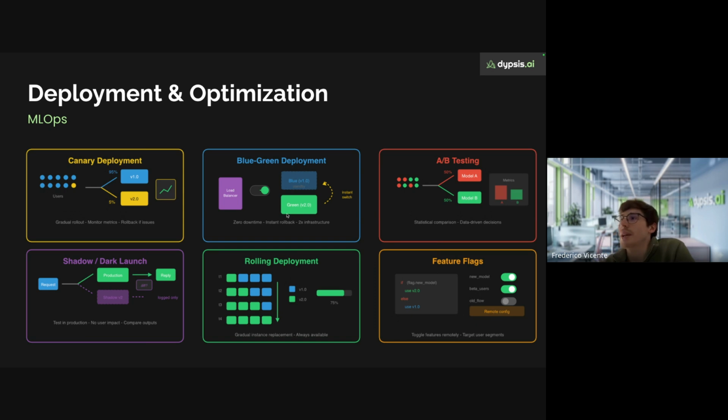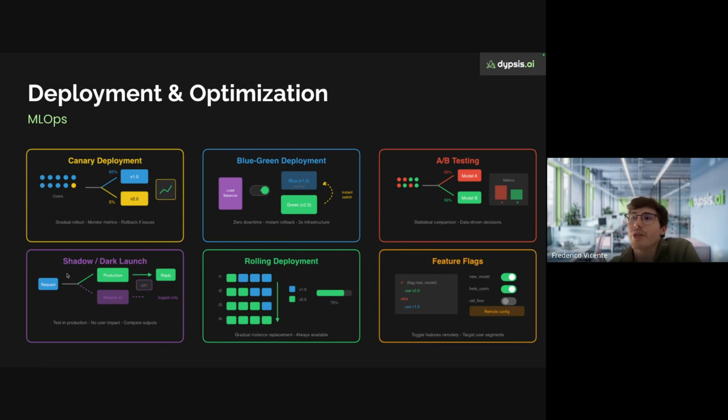You can use a load balancer to start diverting the users to a specific model. You can use A/B testing to make tests. So for some users, you provide one model and for some users another, and see which model gives the best results.